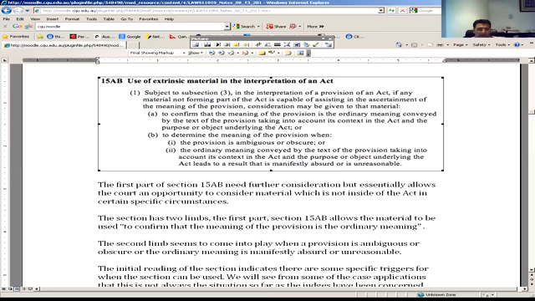So when you look at 15AB, you see it has two parts. The first part says, focus upon the ordinary meaning of a section. What does the section actually mean when you just read it?